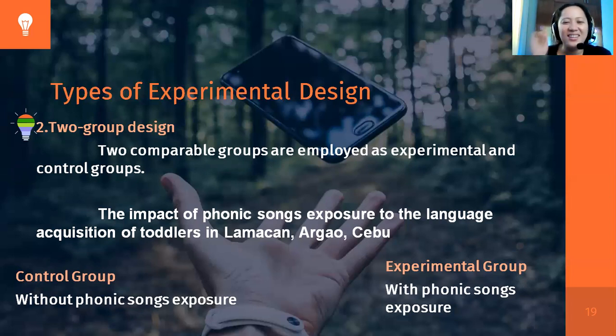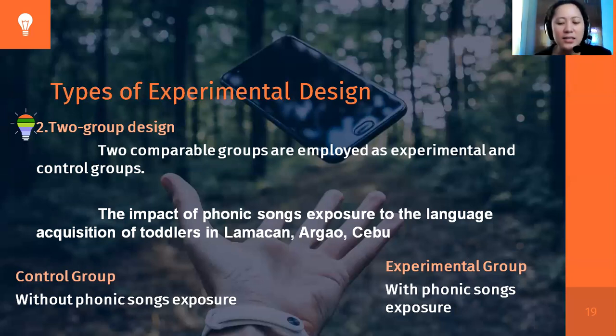So that one, you will use the t-test or the z-test for that to determine if there is a significant relationship between the phonic songs exposure and the language acquisition of the toddlers.